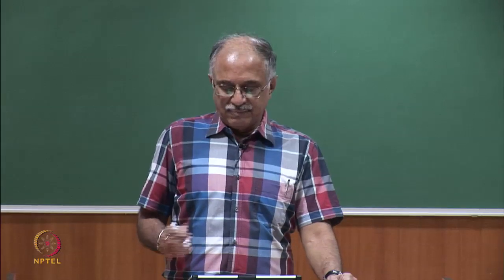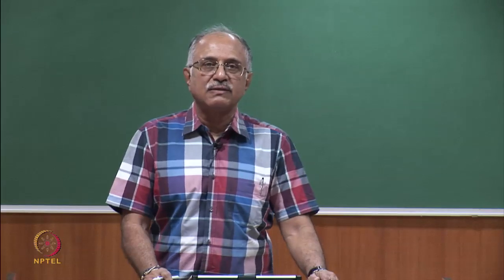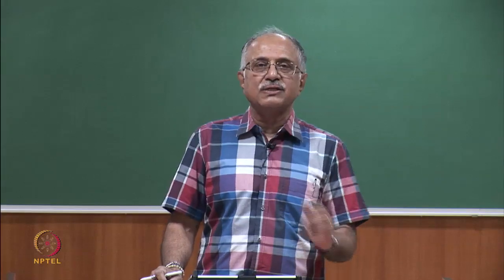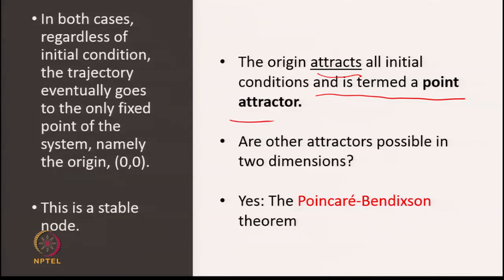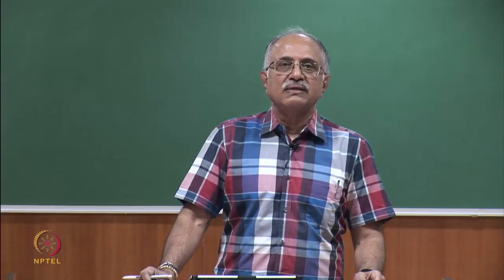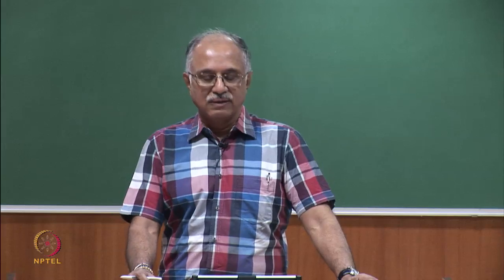There was a very important result in this area, known as the Poincare-Bendixson theorem, which basically says that in addition to a fixed point attractor, you can also have another kind of attractor, which is a cycle.